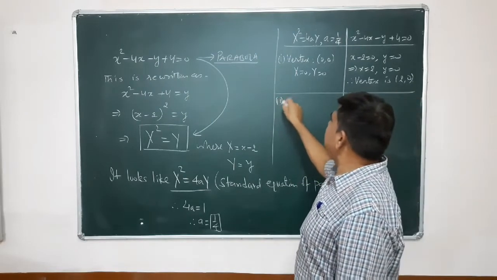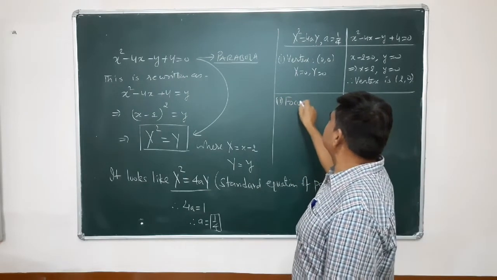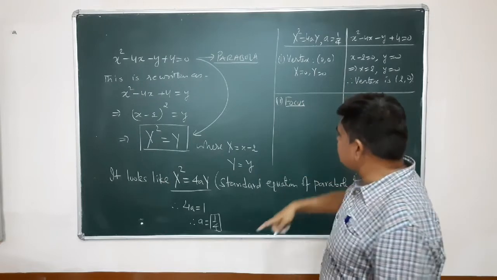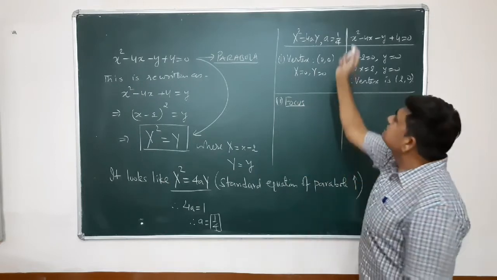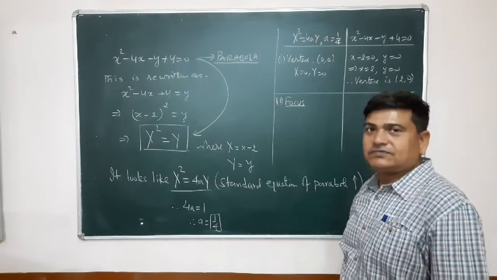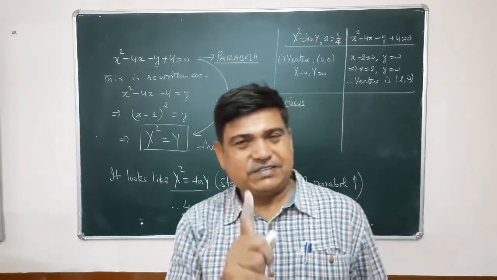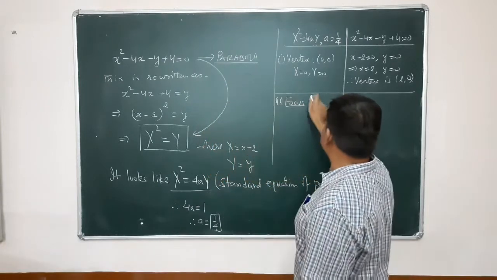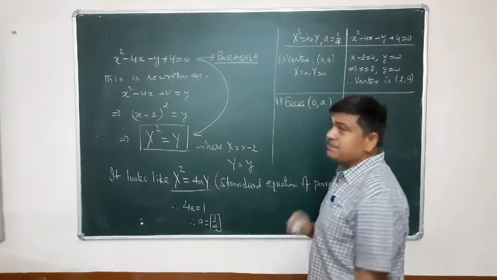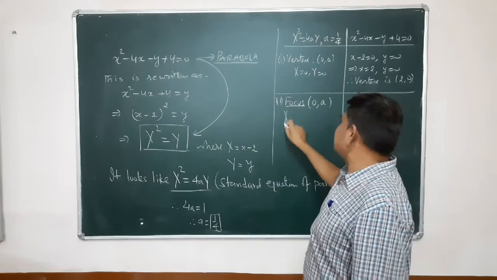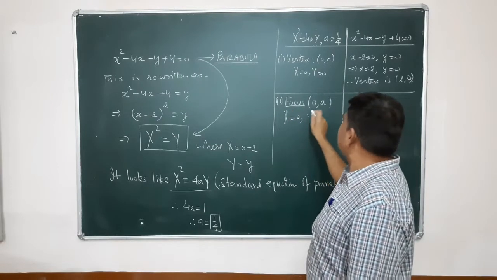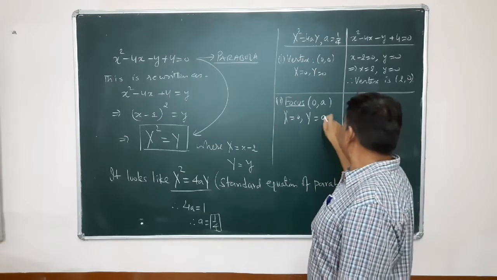Second, focus. Remember the direction is upward for this equation, so focus is on the y-axis. So x coordinate is 0. That is 0, a. Remember, so X is 0 and Y equals a.